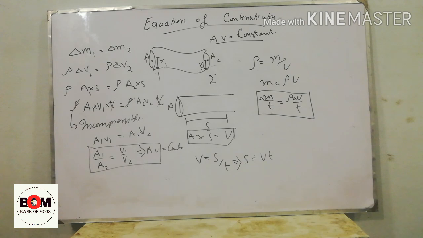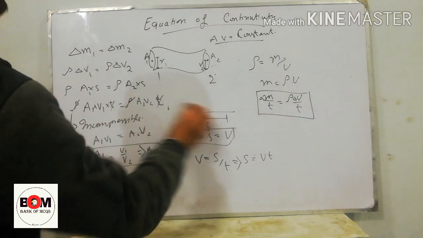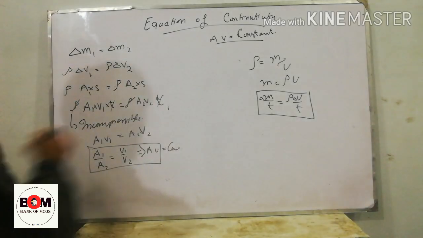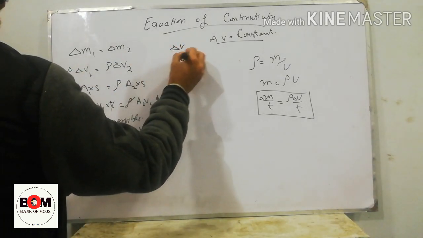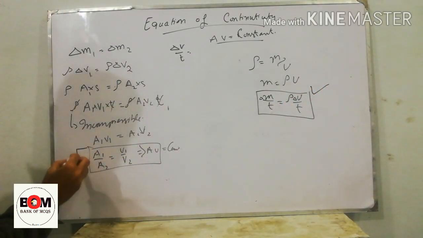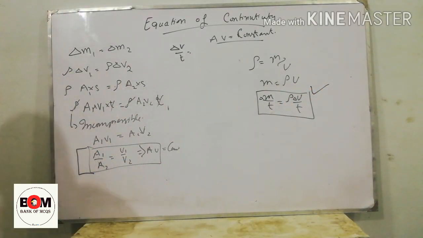Another equation, called rate of volume, is also important. So again here we will derive the equation for ΔV by T. ΔV by T, this is the equation for ΔM by T. This is A1V1 divided by A2V2.